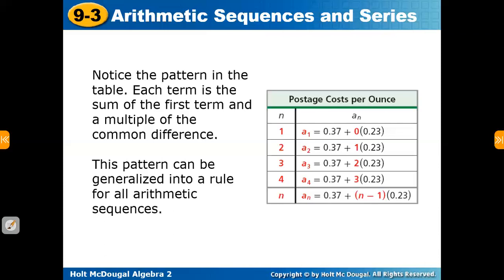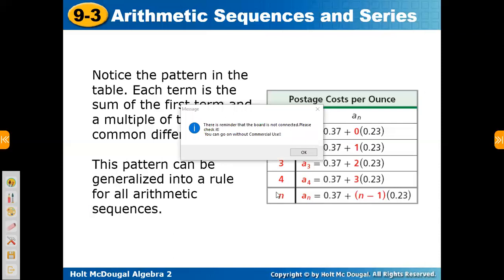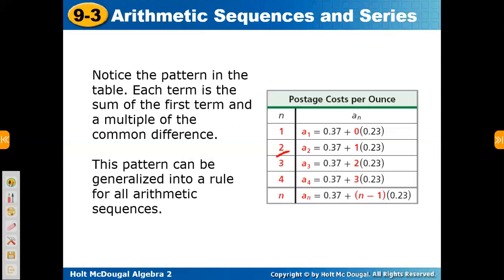plus N minus 1. Here it was 2. Here it is the second term, but when I'm multiplying with the common difference, I'm using N minus 1, so multiply with 1.